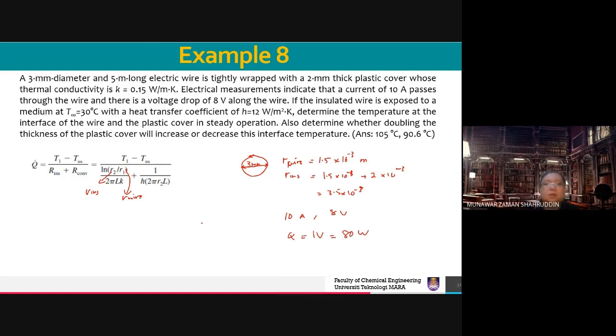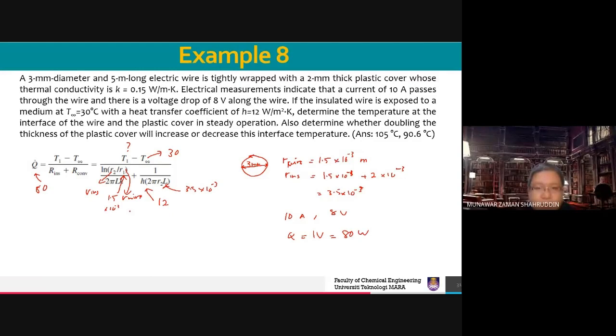We already know Q, so Q is 80. T1 is unknown. T infinity is 30. Everything is known. h equals 12, R2 equals 3.5 times 10 to the power of negative 3, R1 is 1.5 times 10 to the power of negative 3.